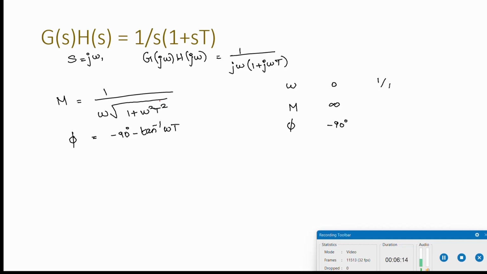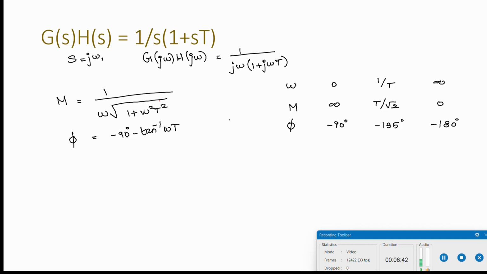If I substitute 1 by T, my M will be T divided by root 2 with minus 135 degrees for phi. For omega equal to infinity, M is equal to 0 with minus 180 degrees.